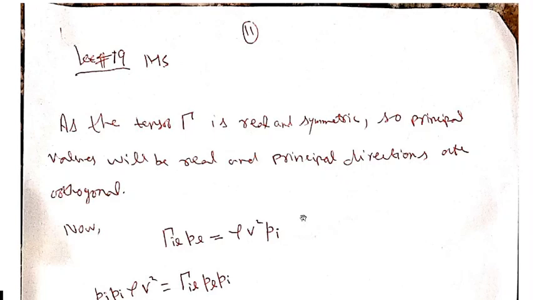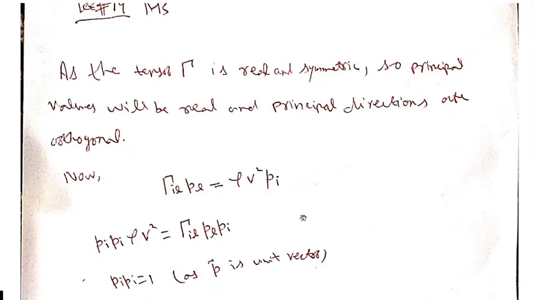So let's see if there is any further condition on the eigenvalue. What are the eigenvalues? These are the eigenvalues of v square.